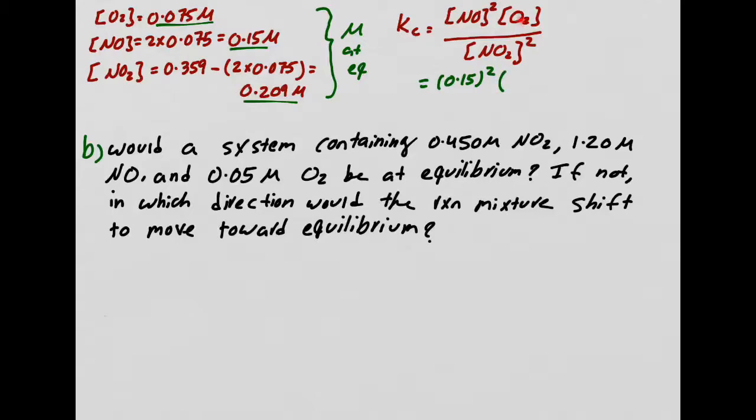Now my O2 concentration is 0.075 to the power of 1, over my NO2 concentration, which is 0.209, but again to the power of 2. What my final answer is going to be is 0.0387. That is going to be my Kc.